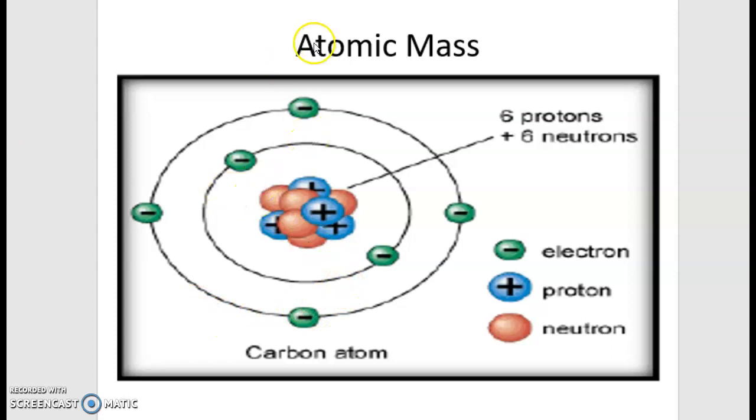It's important to note right off the bat that the atomic mass is what is represented by what is inside the nucleus of the atom only. So the atomic mass tells you what's inside the nucleus, and that includes the number of protons and neutrons, which you're going to have to calculate.